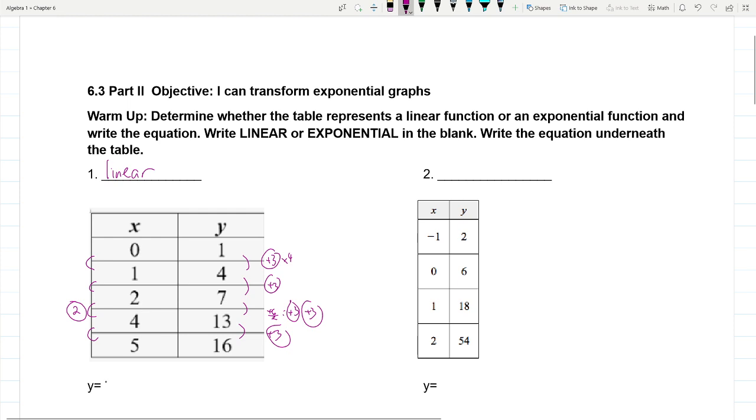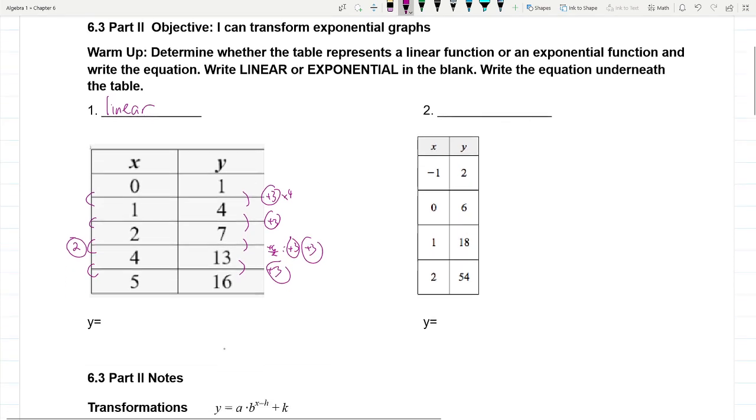The equation for this line is our slope, which is our rise over our run. Our rise is 3 over our run, which is 1. So I have a slope of 3, so 3x plus my y-intercept, which is 1.